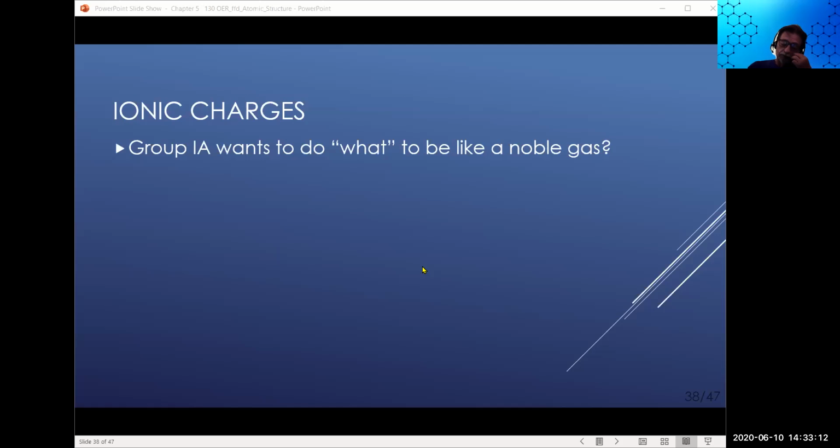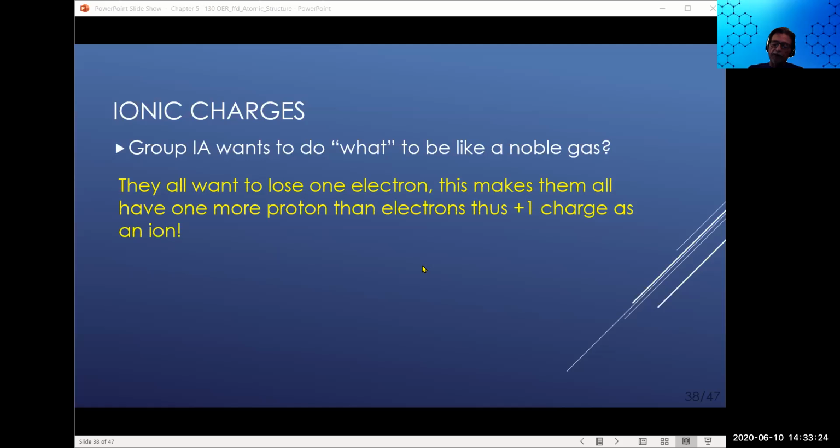So when these elements become ions, depending on what group they're in, if they're metals, they're going to lose electrons. All the group 1 elements, by losing an electron, become a +1 charge.